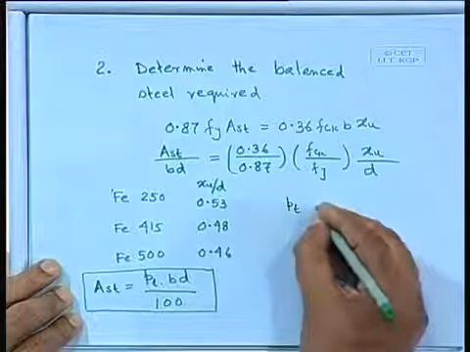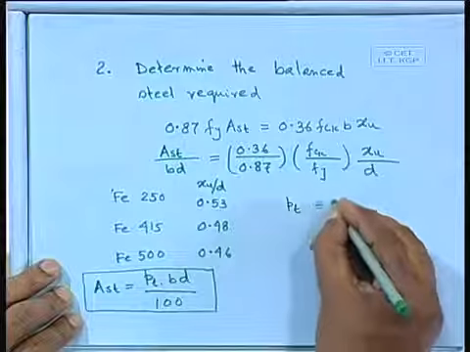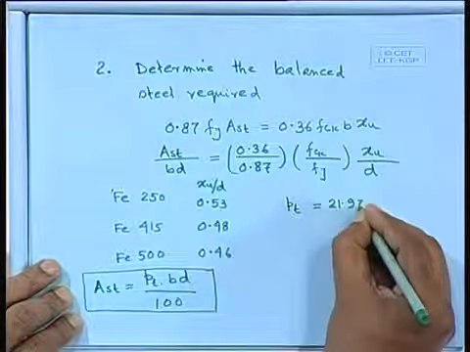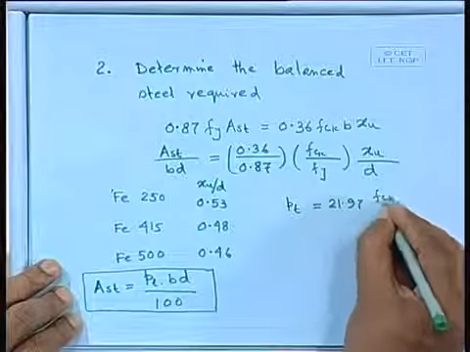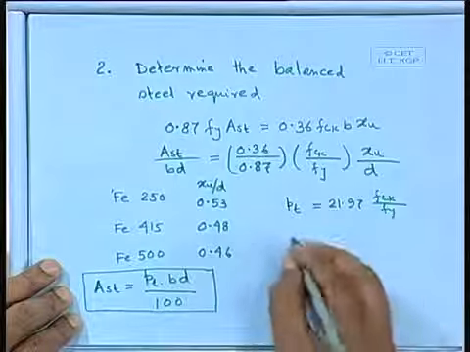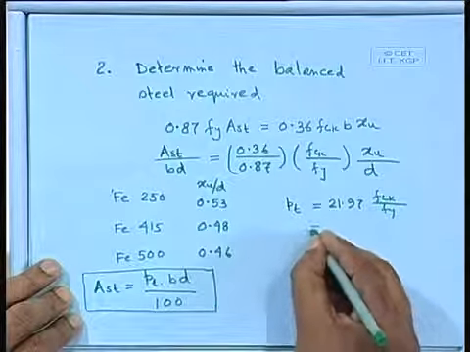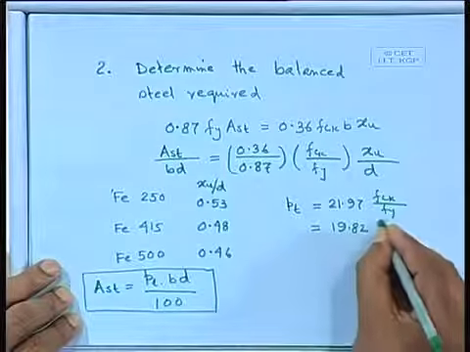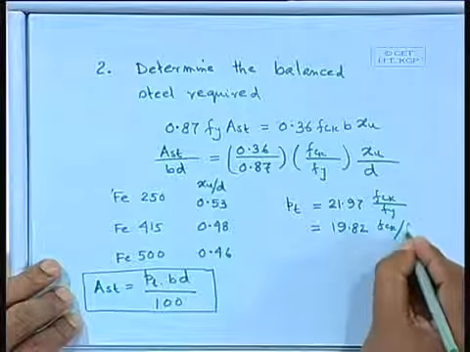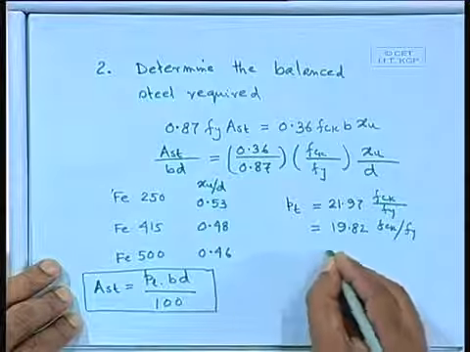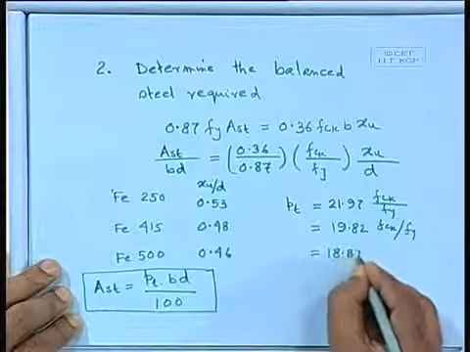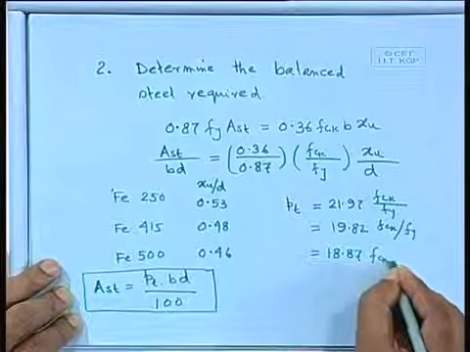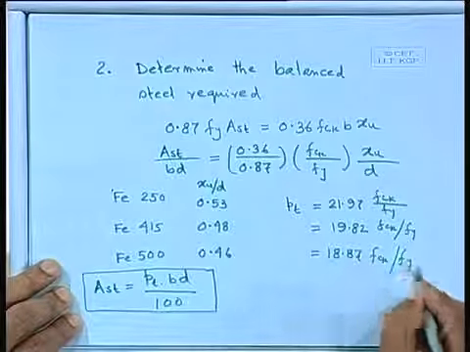So Pt equals 21.97 fck by fy, equal to 19.82 fck by fy, equal to 18.87 fck by fy.